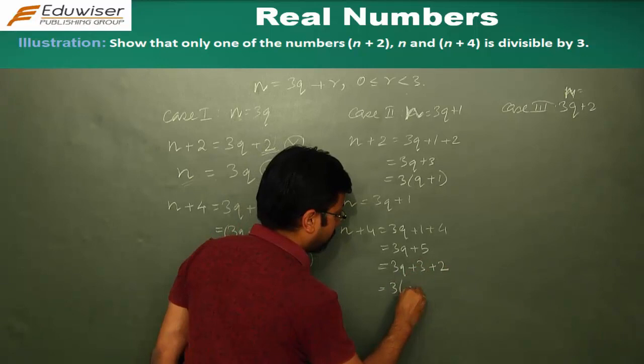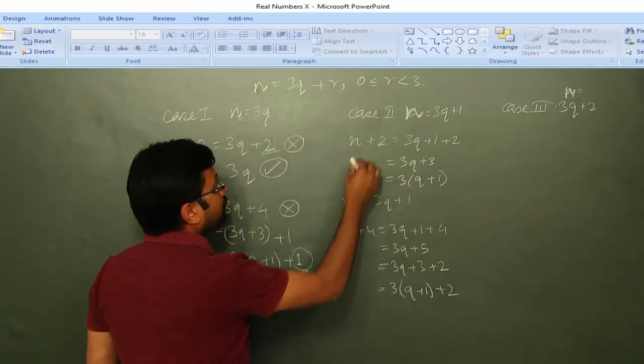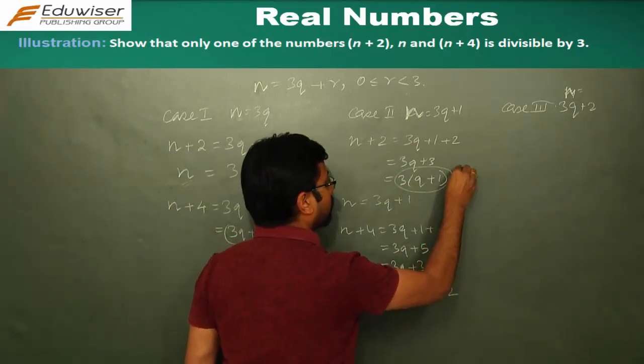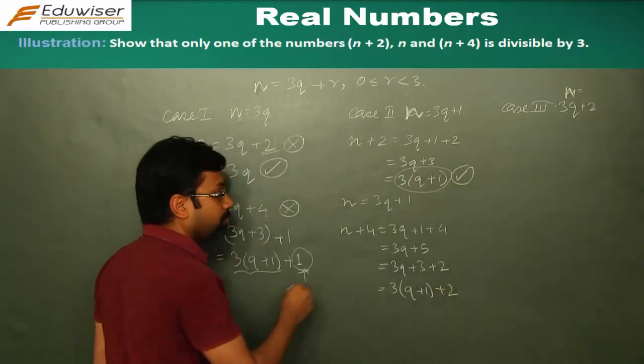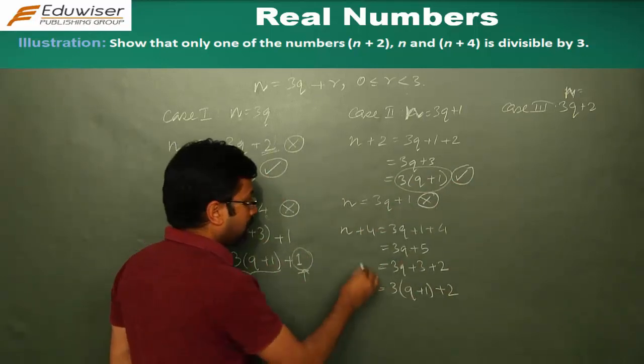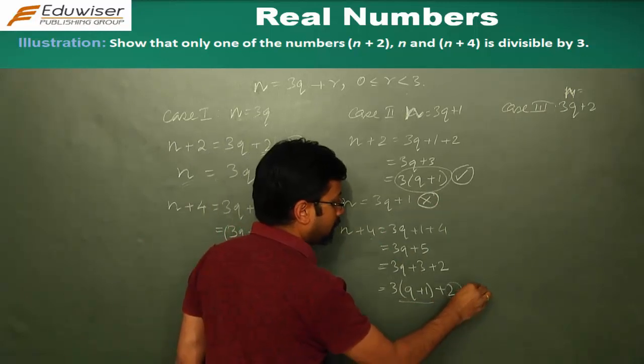You have 3 common, 3 times q plus 1, plus 2. So this number is divisible by 3 because when you divide it by 3, the remainder is 0. Here the remainder is 1, so it's not divisible by 3. N plus 4, again if you divide by 3, the remainder is going to be 2. It's not divisible by 3.